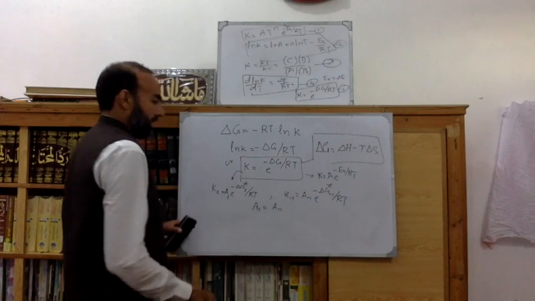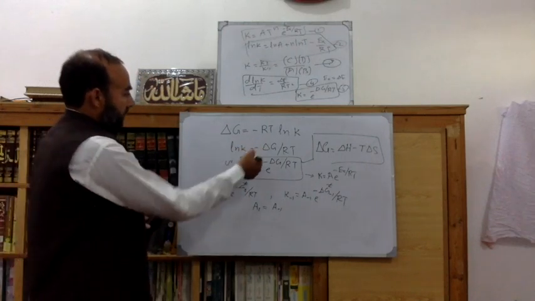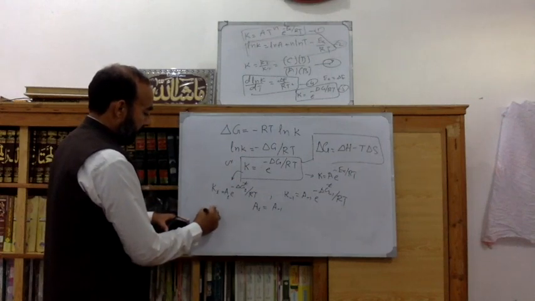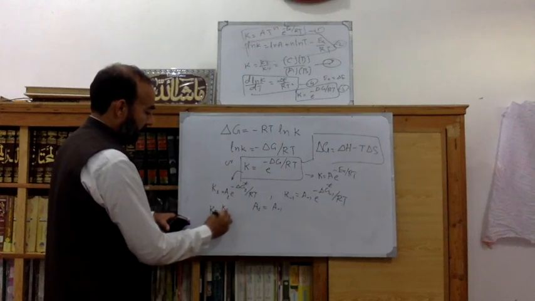So these can be cancelled, and our equilibrium constant K is a ratio of K forward over K reverse.